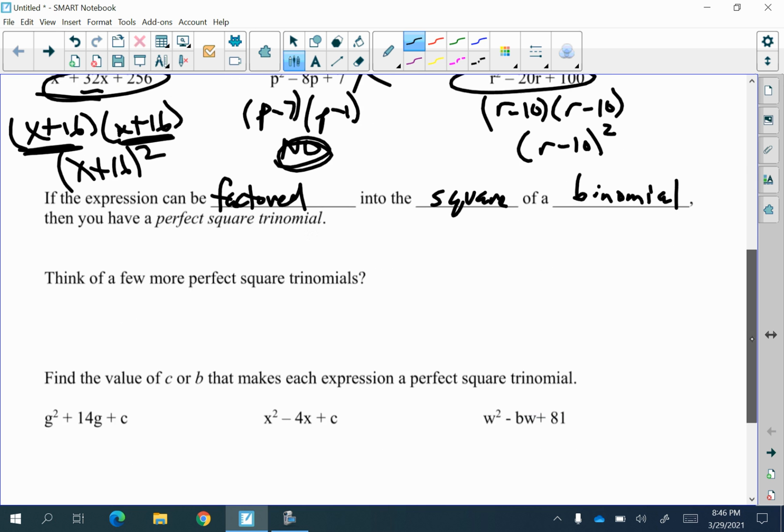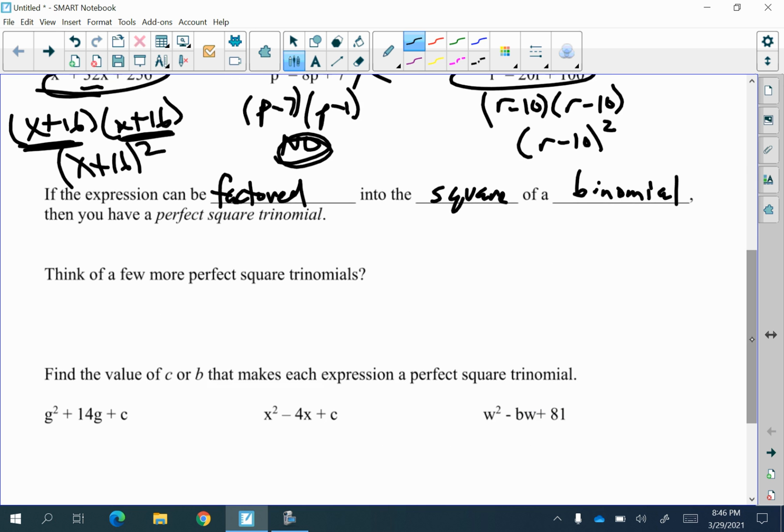Think of a few other perfect square trinomials. Well, I can do x squared plus 6x plus 9, because that's x plus 3 times x plus 3. I can also do x squared minus 6x plus 9, because that's x minus 3 times x minus 3.